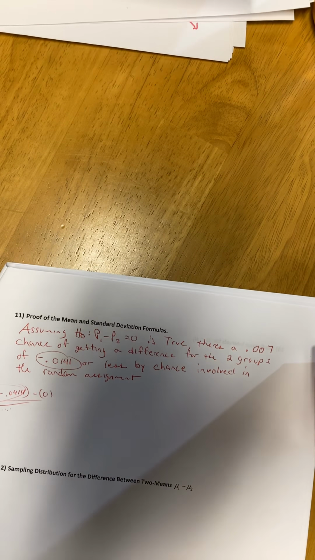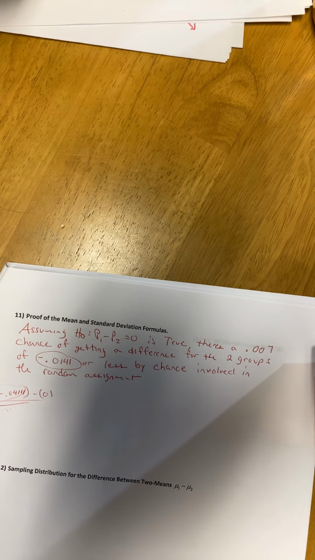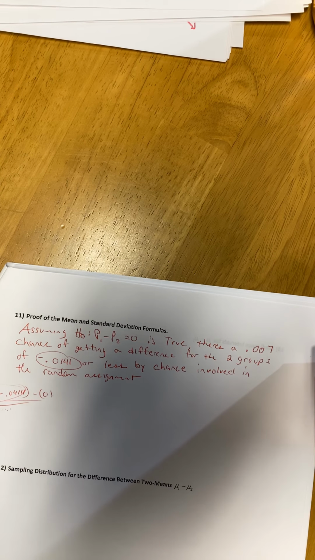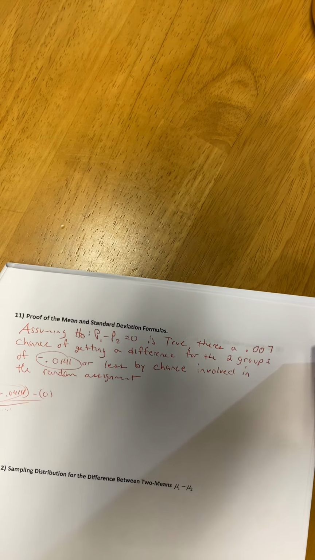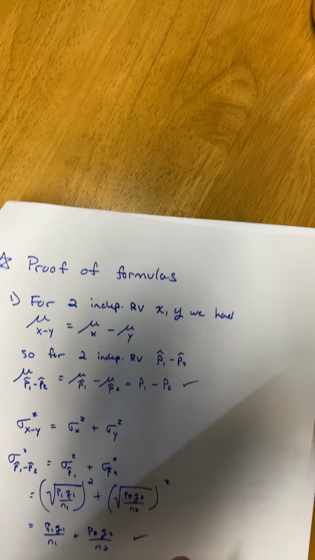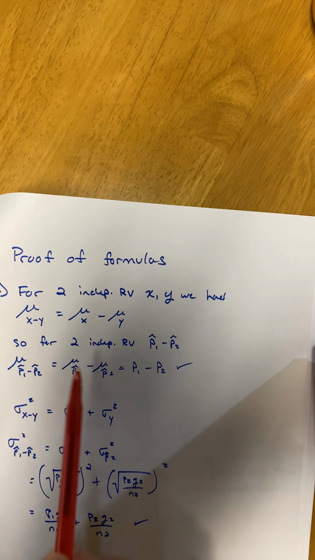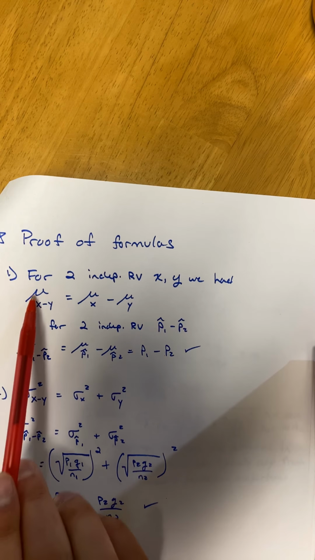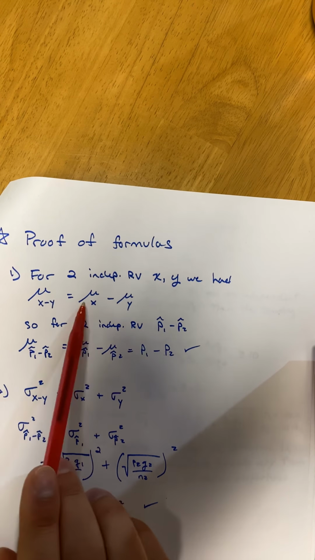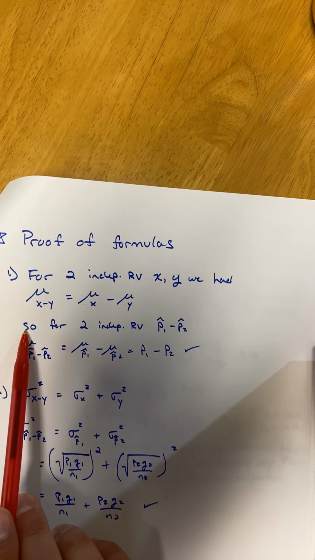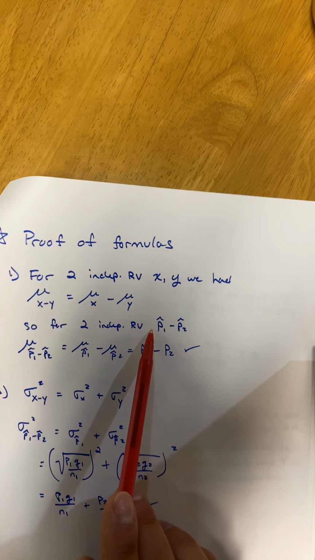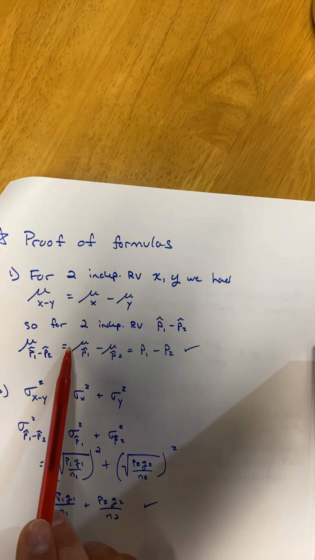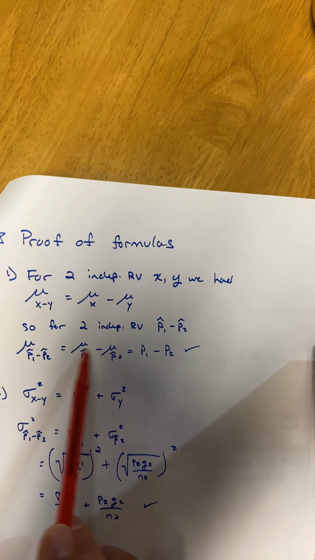Proof of the mean and the standard deviation formula. Well, let me just show it to you. You don't have to know this, but it always goes back to random variables. So two random variables, if you subtract them. So if we're doing p hat 1 minus p hat 2, it's mu of p hat 1 minus mu of p hat 2.